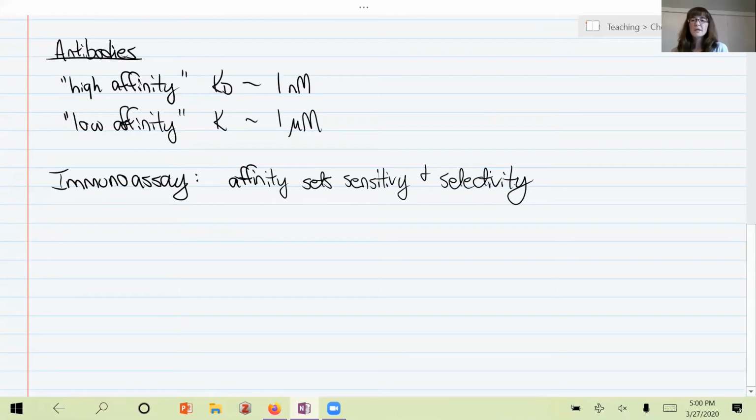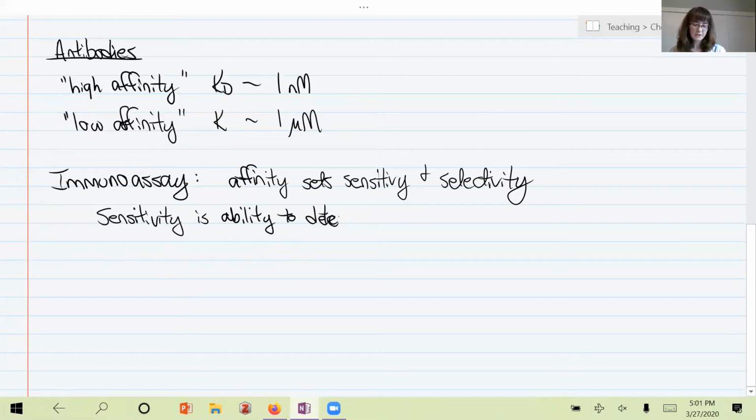And so why would that be? Pause and ask yourself. In class, I would ask you, how does the affinity of the antibody set the sensitivity of the assay? So maybe pause and ask yourself that for a moment. Okay, and so the reason is because sensitivity is your ability to detect small quantities of antigen.